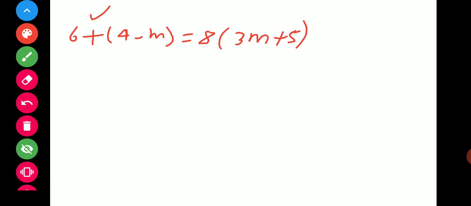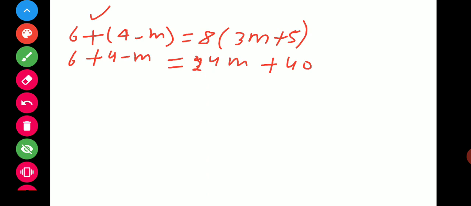This is your equation. Now open the bracket. It is 6 plus 4 minus m is equal to, multiply inside the bracket, 8 3 are 24 of m plus 8 5 are 40.